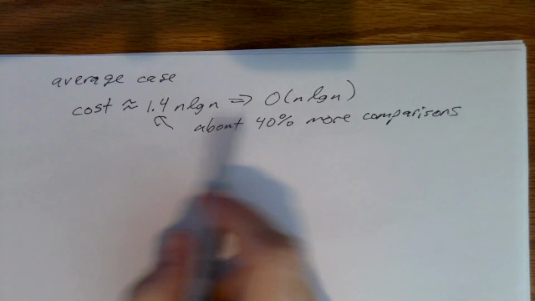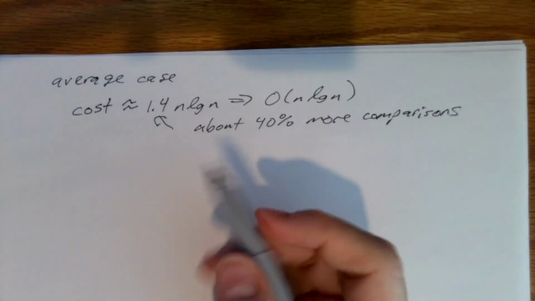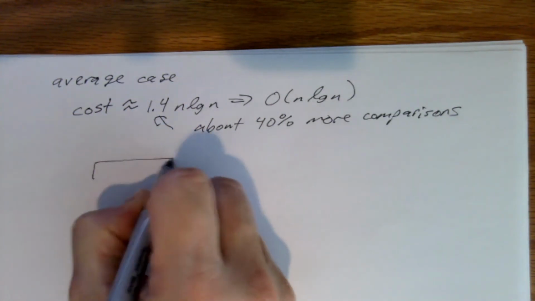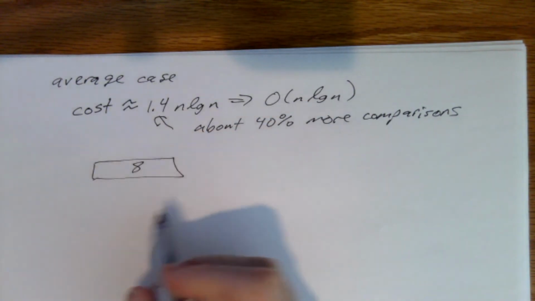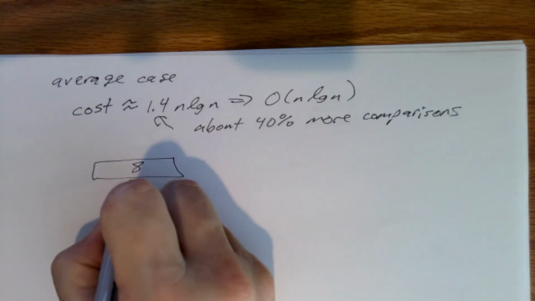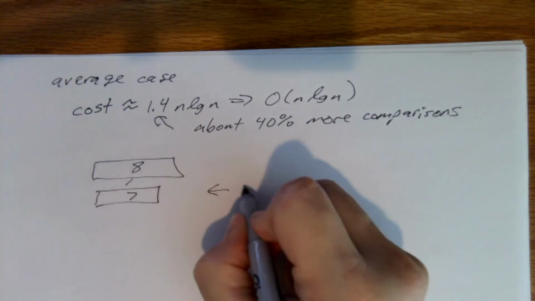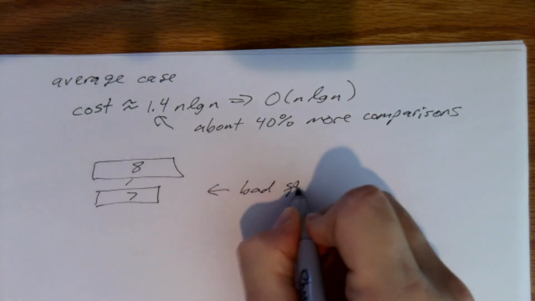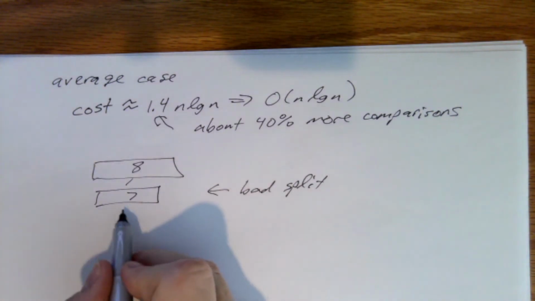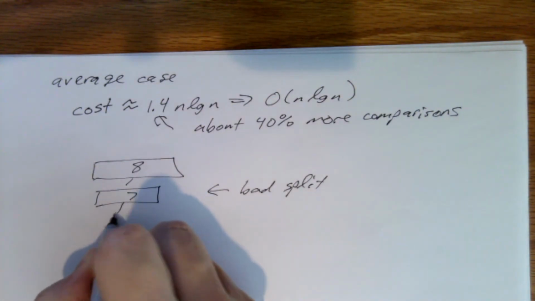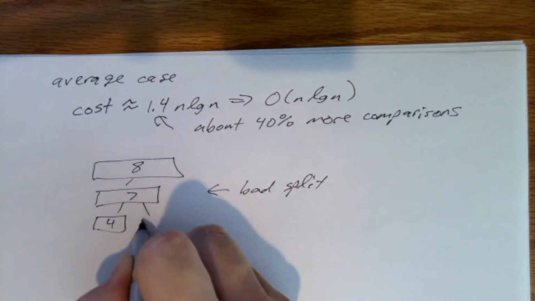So why is this the case? Well, in terms of intuition, let's say we have 8 here, and initially we get a bad split. So I get 7 here, so we'll see this is a bad split. But then maybe for the next one, we get something that's somewhat okay. So let's say we get 4 and 2.